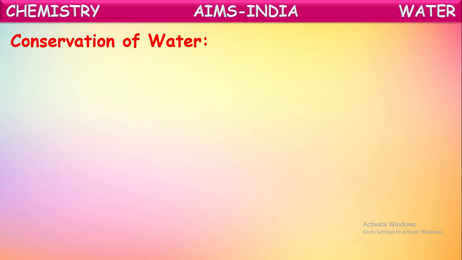In that 3% also, around 2% of water is in the glaciers in the form of ice. So only 1% of water is fresh water. So how small it is, you can understand.